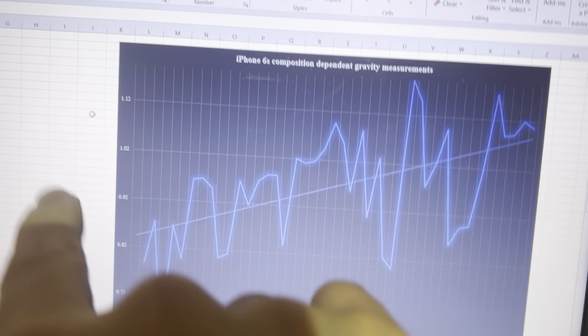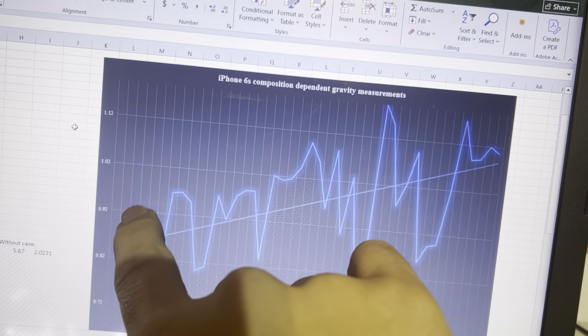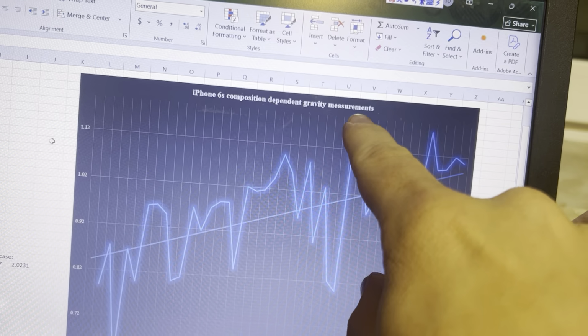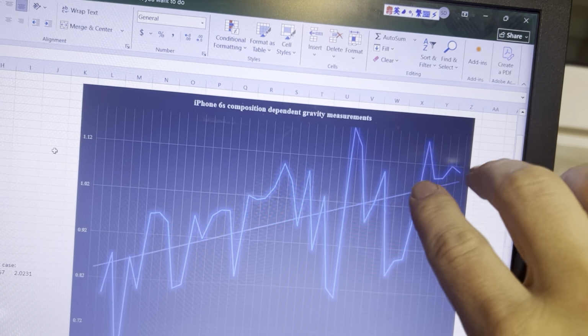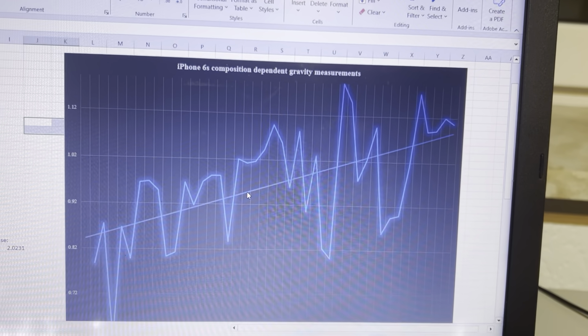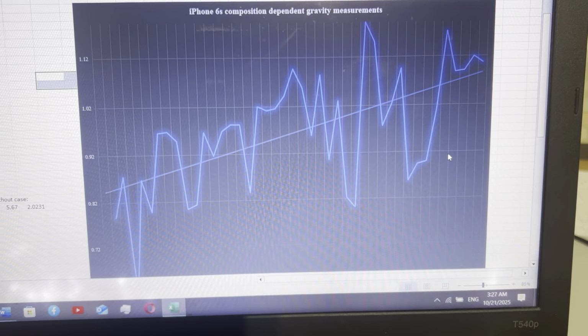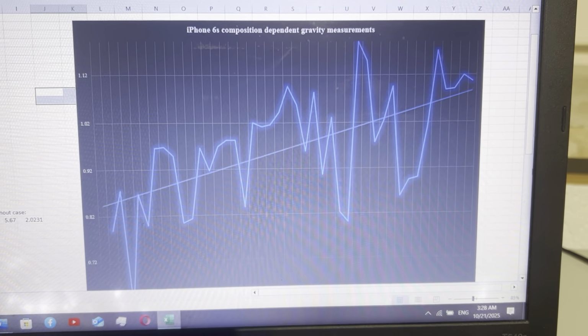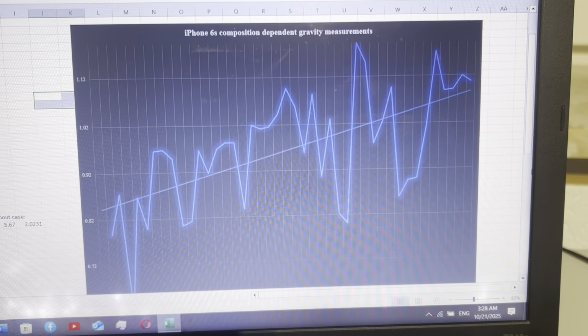Yeah, but this is really only one trial for each. Like I measured twice for each to be sure that that's the correct value, and it's very, very consistent. Like you get the same number every time you measure.